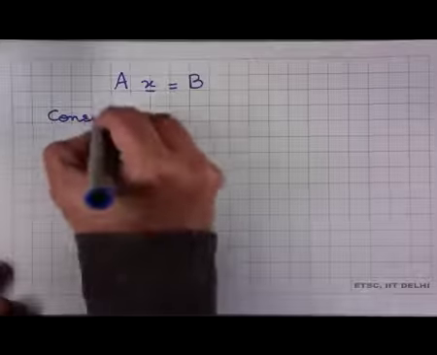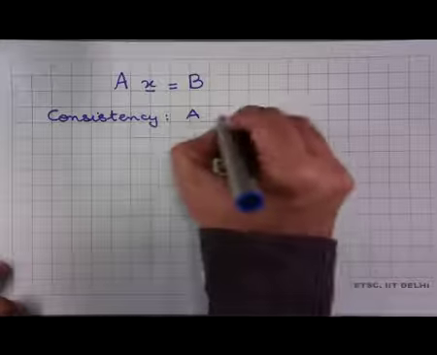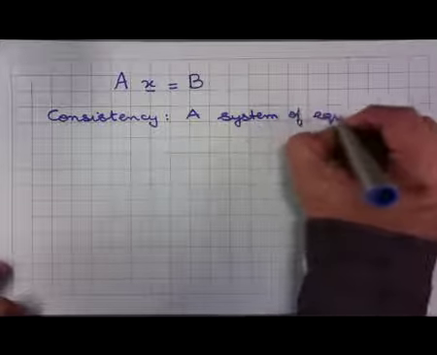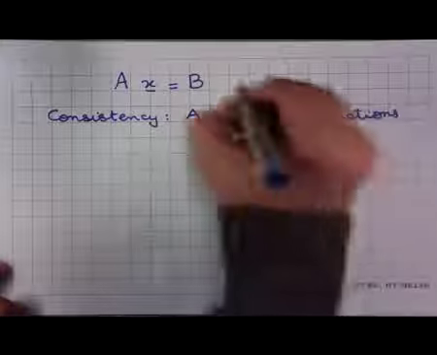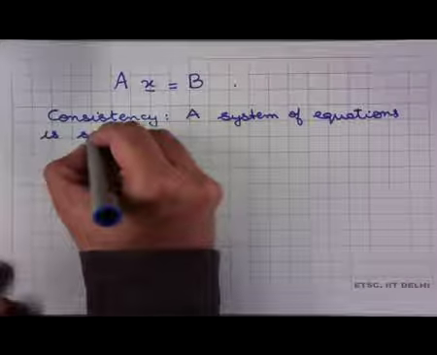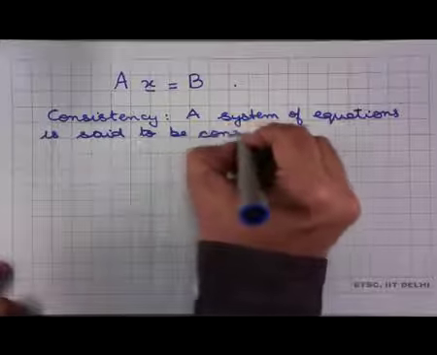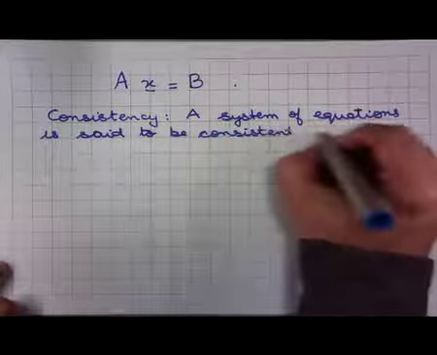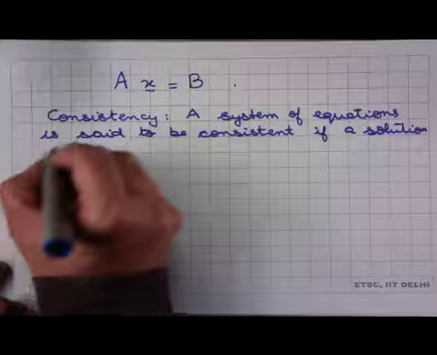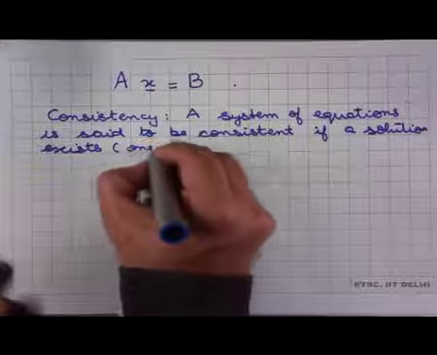Consistency: a system of equations such as the one shown here is said to be consistent if a solution exists, and of course there may be one solution or more than one solution.